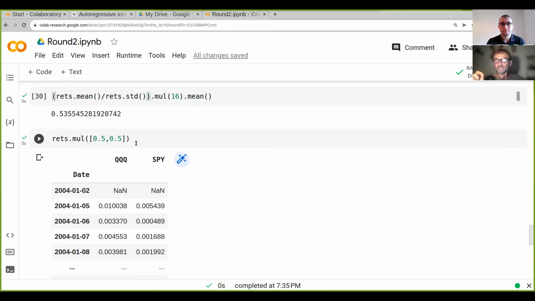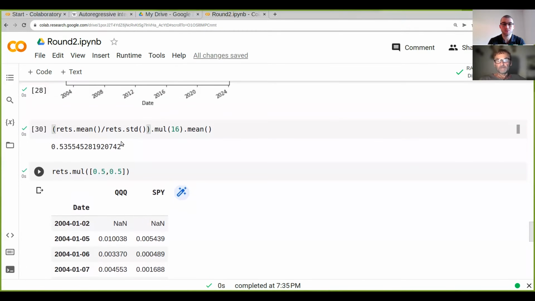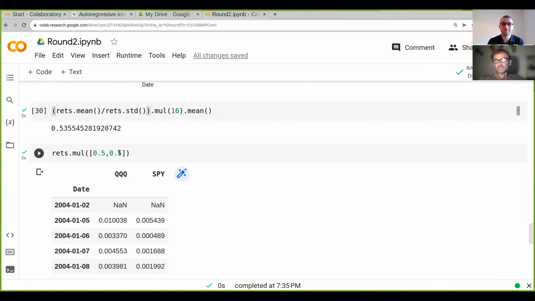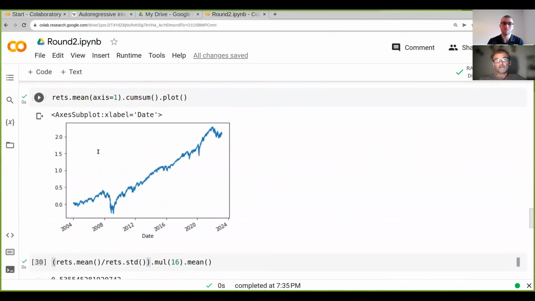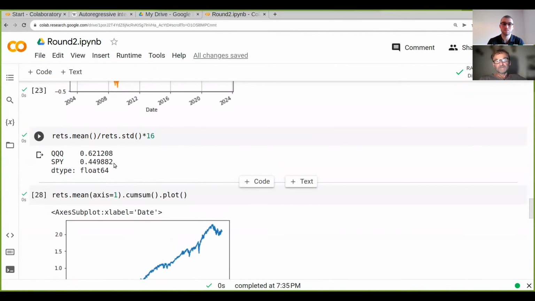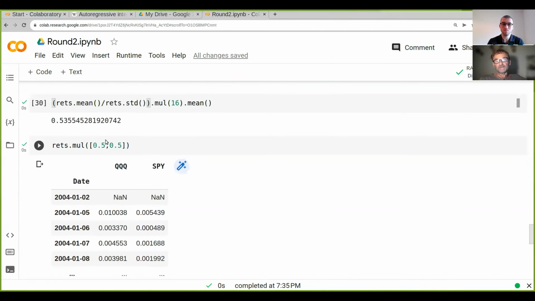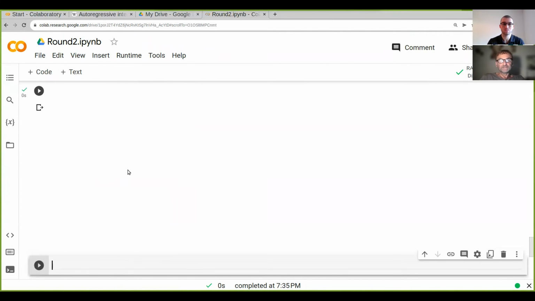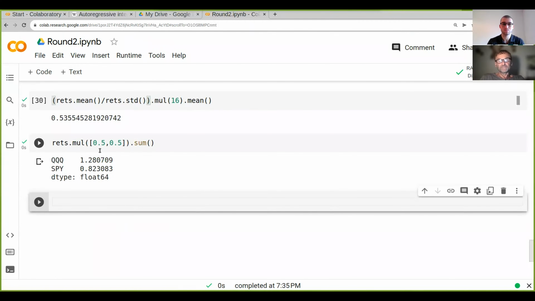And what is this? We've already seen this before, actually. When we multiply each of them by 0.5, they obviously always have to add up to 1. And so if we multiply both of them by 0.5, that's exactly the same as taking the average. If we now did this and then did the sum, this is exactly the definition of the average.